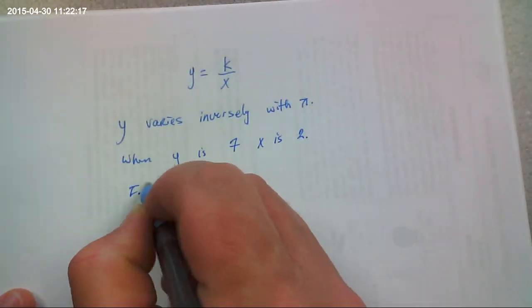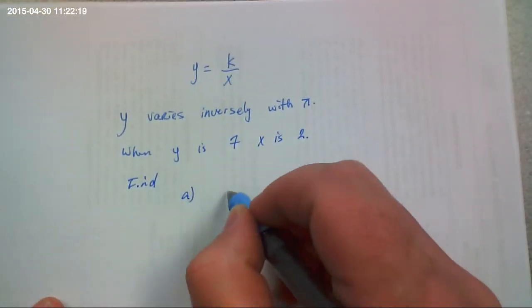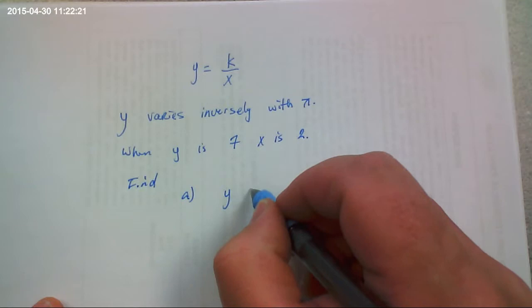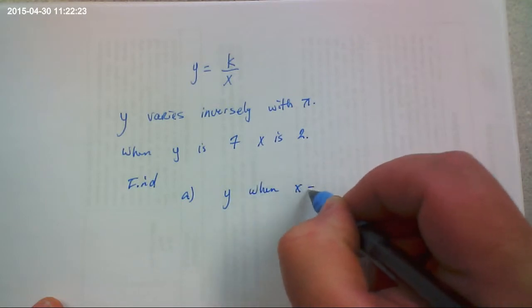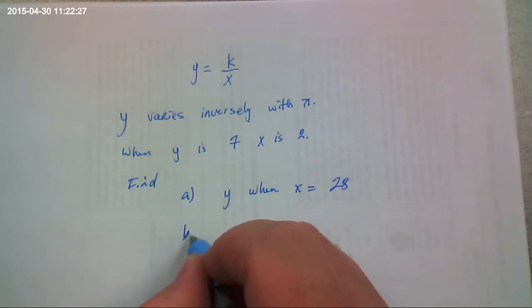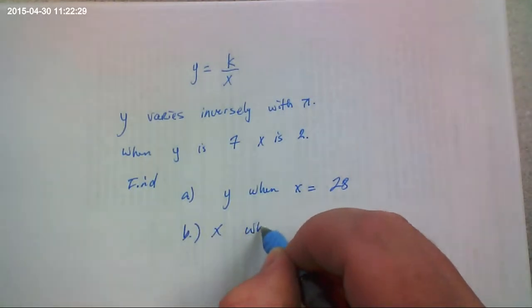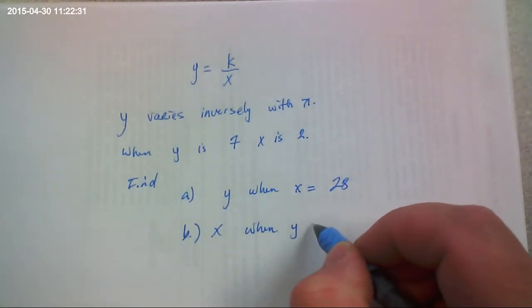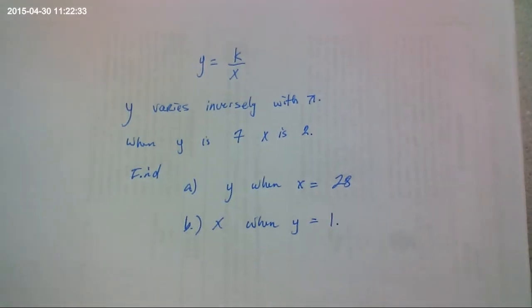And then let's see, let's do part A. Let's say find y when x is 28. And let's do this one. Let's say find x when y is 1. Okay, so let's try these here.